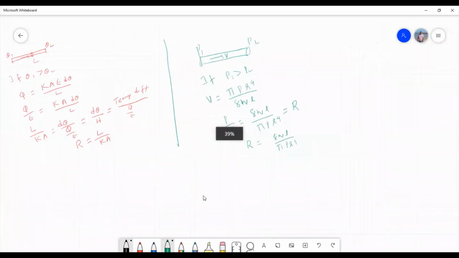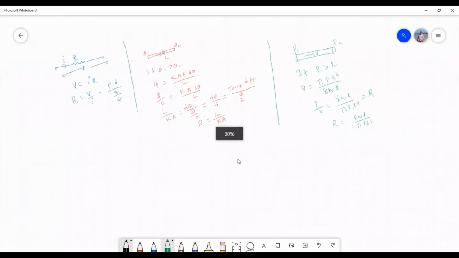So if you look at the summary, in all the three cases, R is resistance. Electrical resistance is equal to potential difference by current, and thermal resistance I said R is equal to temperature difference by heat current.